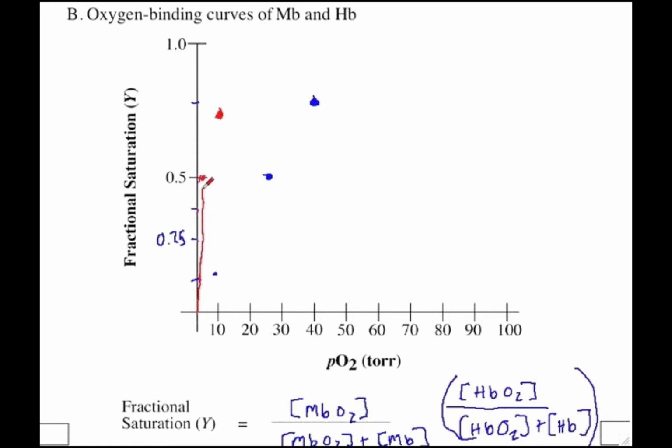It's going to come up through its 50% saturation point, continue to curve. It's a hyperbolic curve. It's going to then asymptotically approach 100% saturation. So what we notice is that the oxygen binding curve for myoglobin is what we term hyperbolic.